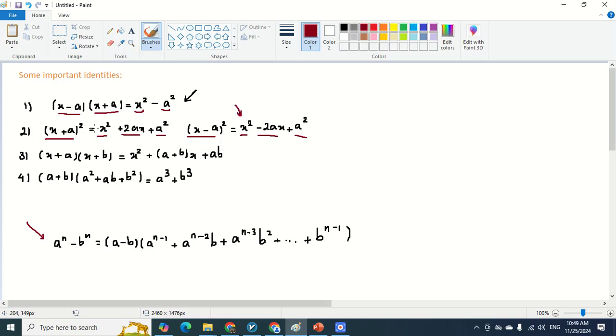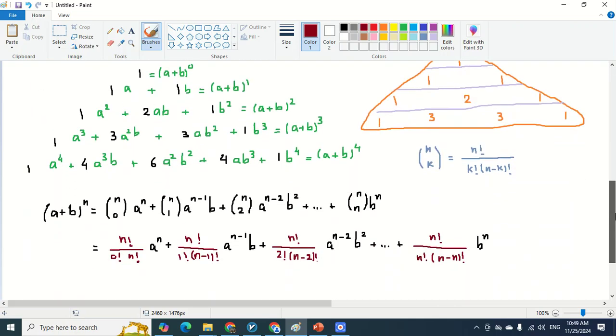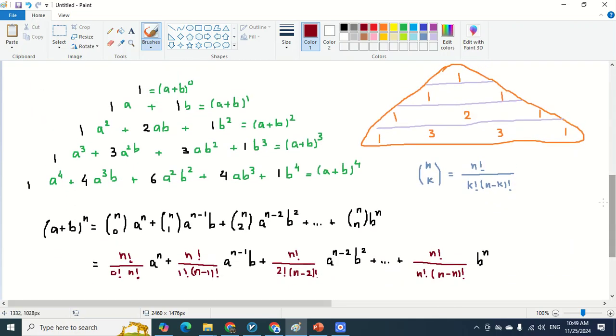Generally this type of expansion can be seen in a Pascal triangle. Let us take a look at the Pascal triangle. It's not a bad idea to have some review of these things.